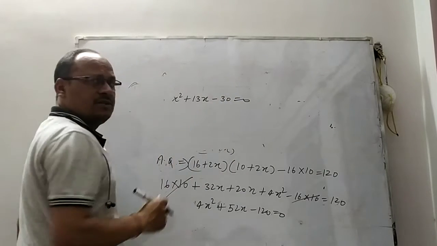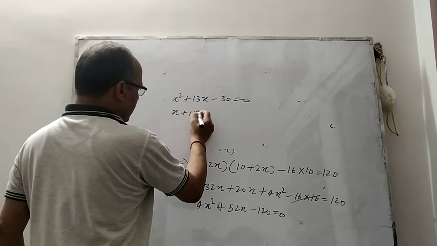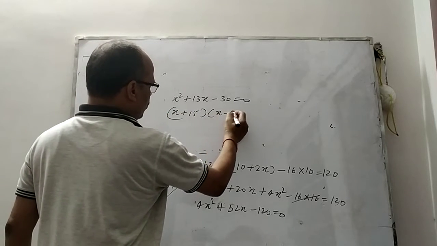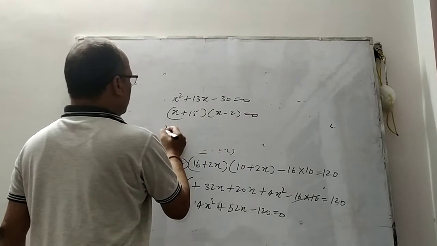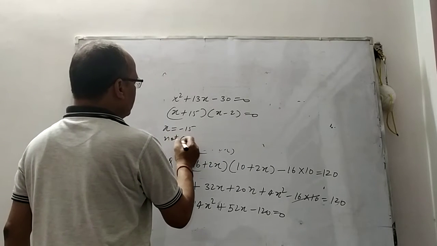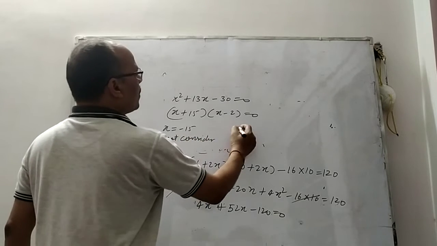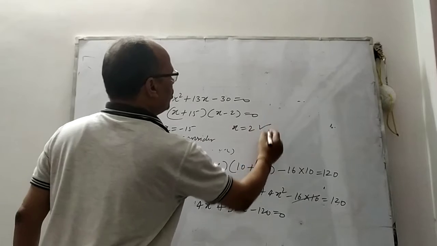You will factorize. So 15 into 2, you will get x plus 15 or x minus 2 equal to 0. x equal to minus 15 is not considered, so x equal to 2. This is your x.